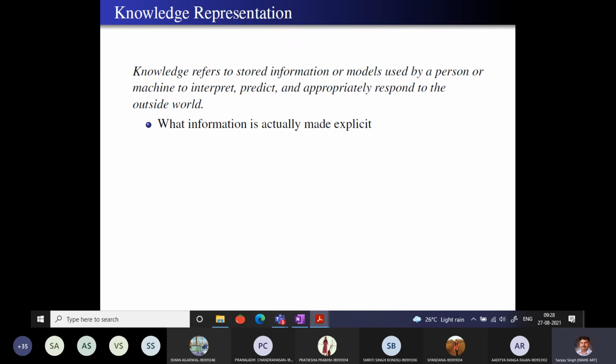I put the scenario that let's say it so happened that you are passing around 8 o'clock and you are alone and your phone was snatched. Let's say this is a bad scenario to quote in Manipal. It never happens, but let's imagine. I'm putting this because this is the only scenario we all can correlate with. So knowledge refers to models used by a person or a machine to interpret, predict, and appropriately respond to the outside world.